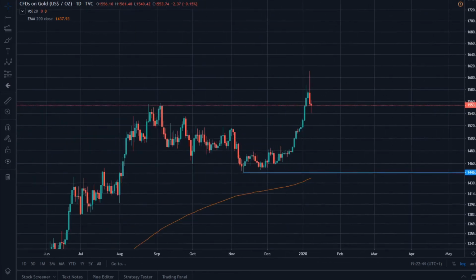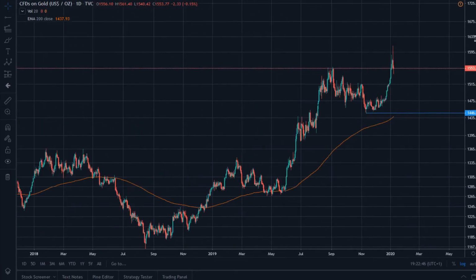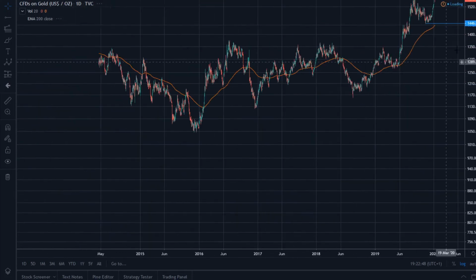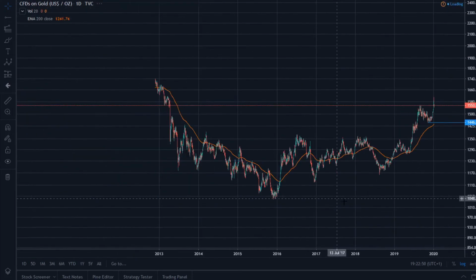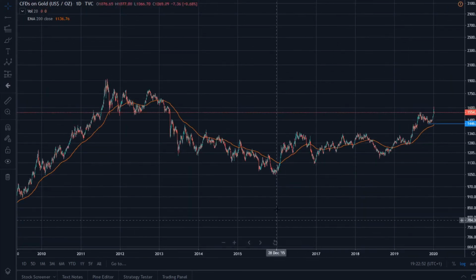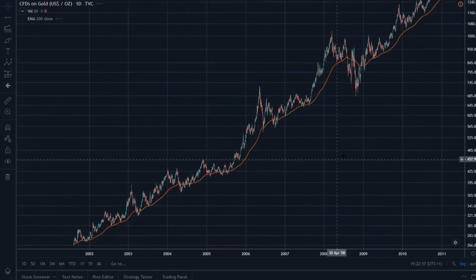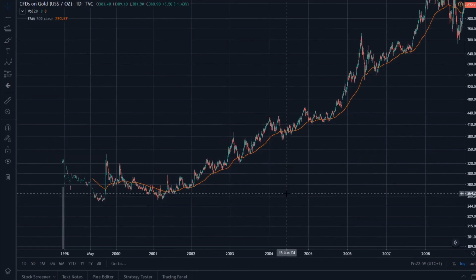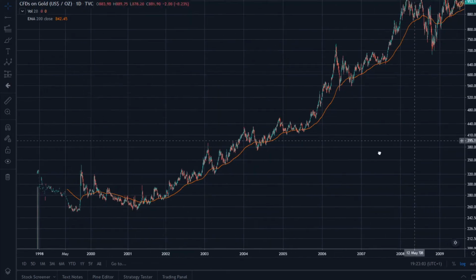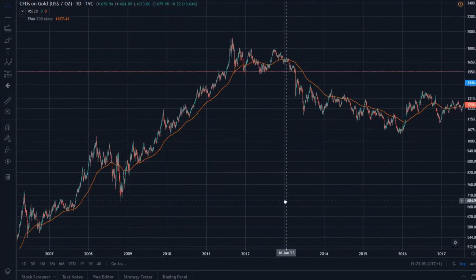And in the long term, you can have a look at gold, and let me just open gold a little bit. So where do we come from with gold? As you can see, ever since the year 2000, we got this massive move up, all the way up.